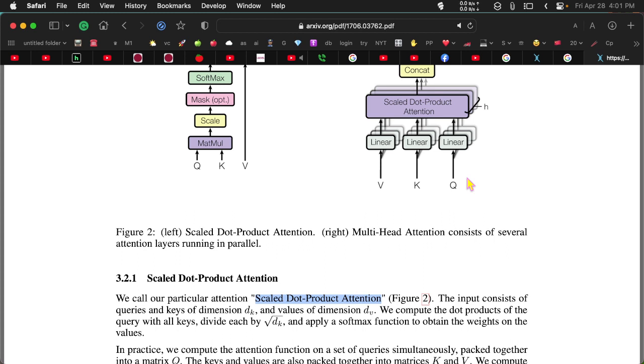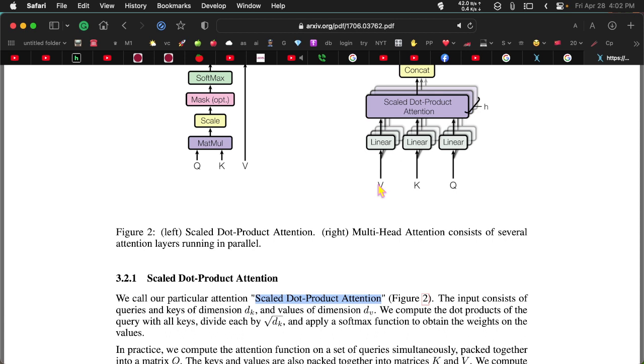It takes these two matrices and creates one matrix, which is called the attention weights. And the attention weights are then multiplied by the value matrix.